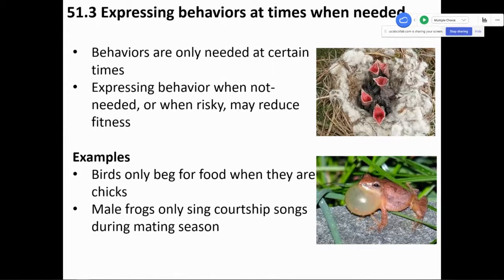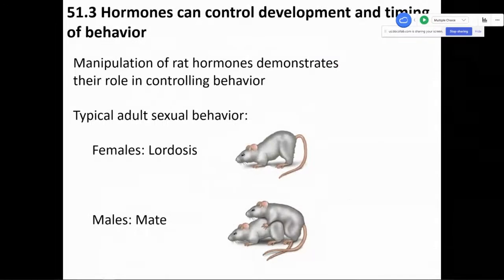You only want to display it at a time when it is beneficial. So this was the example that we started talking about, and it is a demonstration that hormones can control the development, but also the timing of behavior.